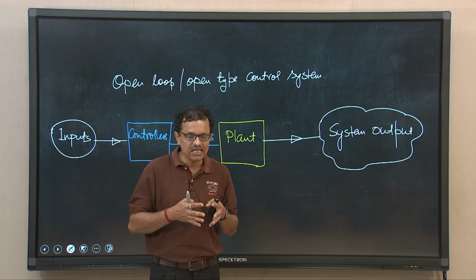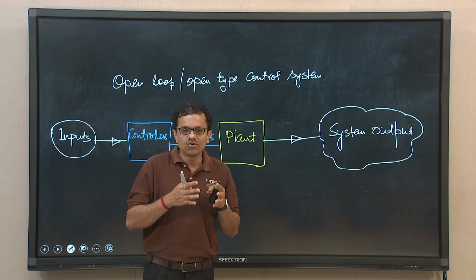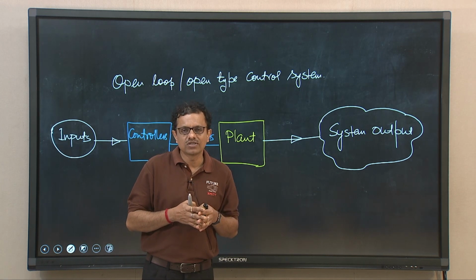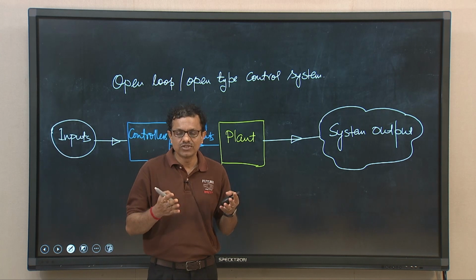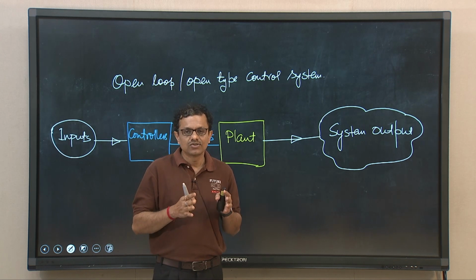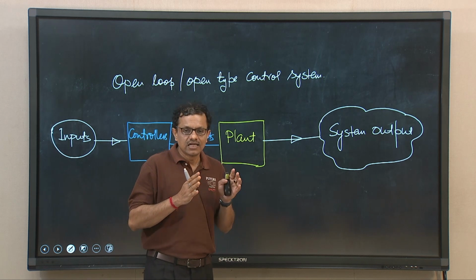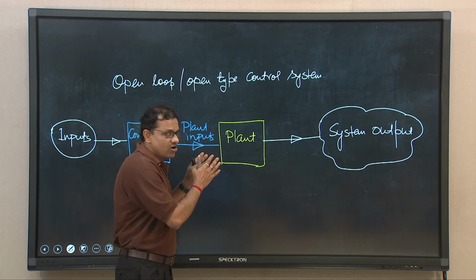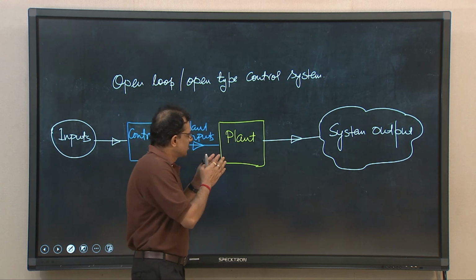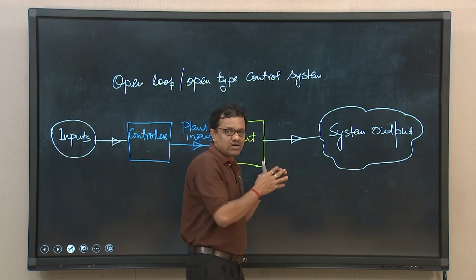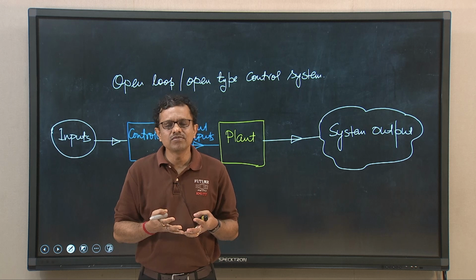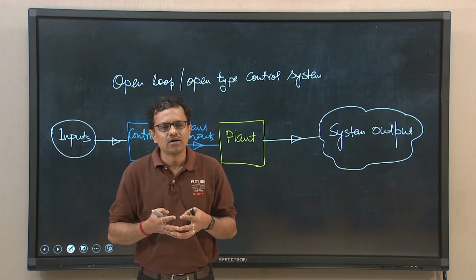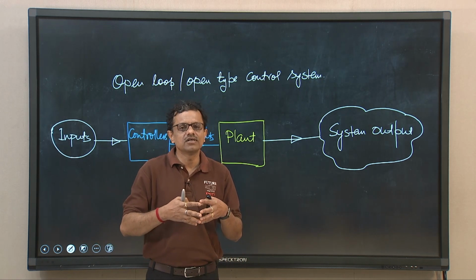So, the open type or open loop control system cannot be used under certain conditions. We shall discuss those conditions. What you can understand is that the lack of feedback does not allow this particular system to be used in all conditions.